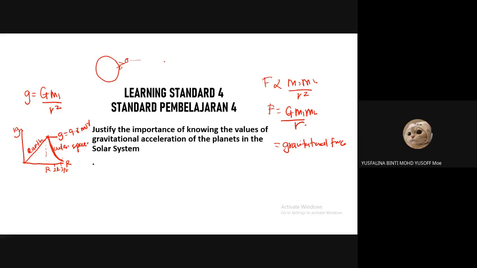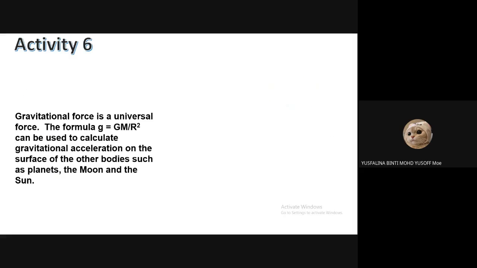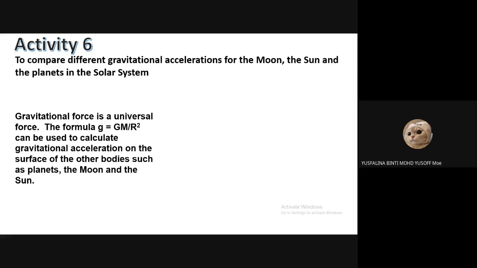Next we have to justify the importance of knowing the values of the gravitational acceleration of the planets in the solar system. Gravitational force is a universal force, so any planet has its own gravitational force. The formula g equals Gm over r square can be used to calculate the gravitational acceleration on the surface of other bodies such as planets, the moon, and the sun.